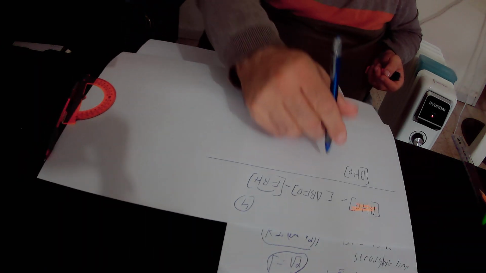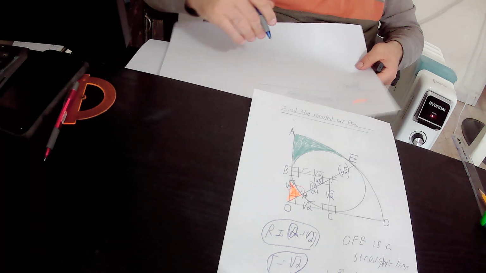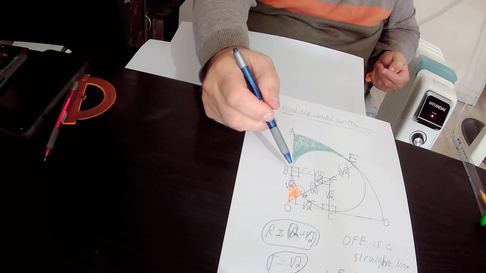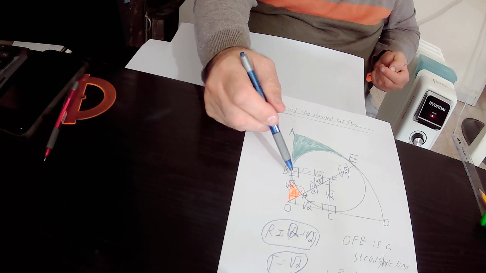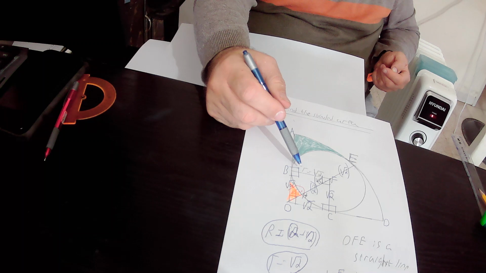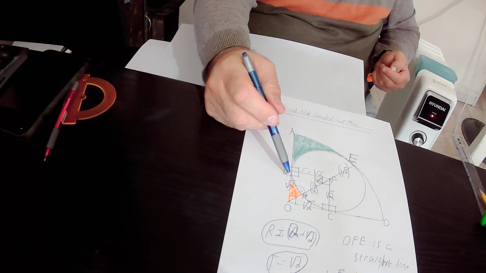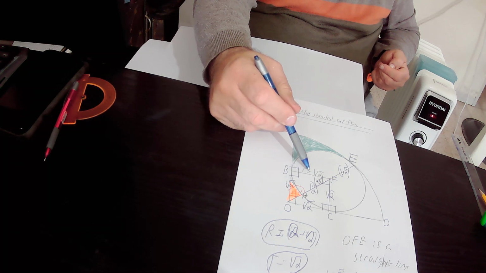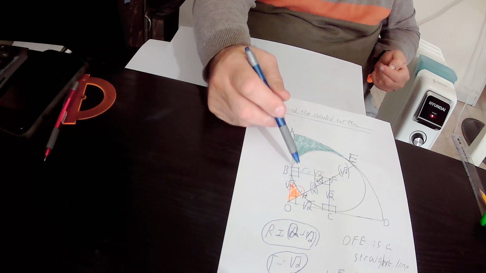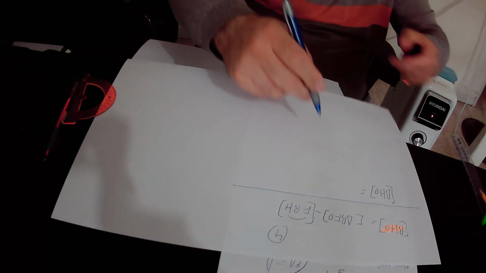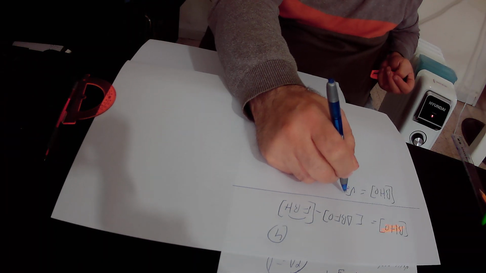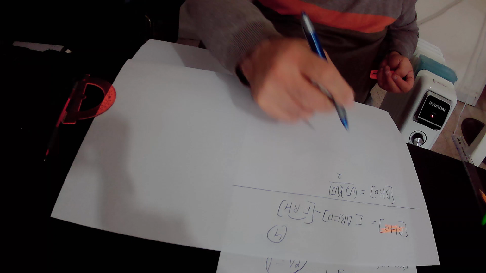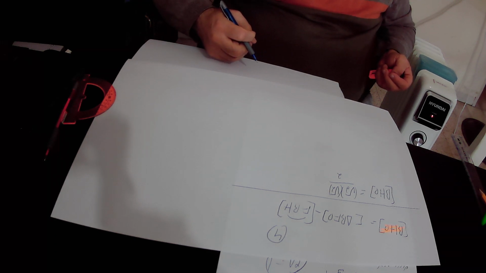the area of the right isosceles triangle BFO. What is the area of the right isosceles triangle BFO? It is the base times the height over 2. The base and the height are both equal to the square root of 2, because those two sides are equal to each other.